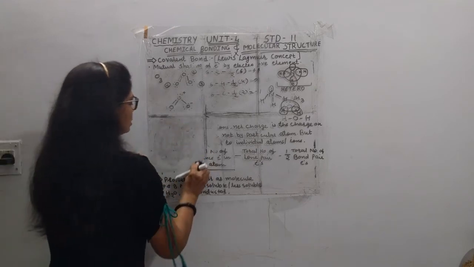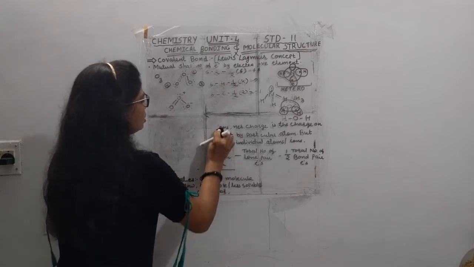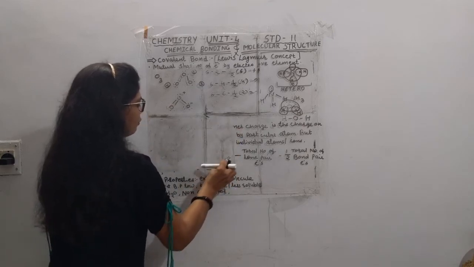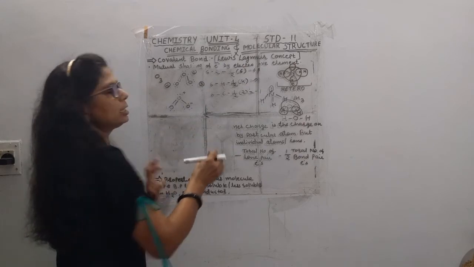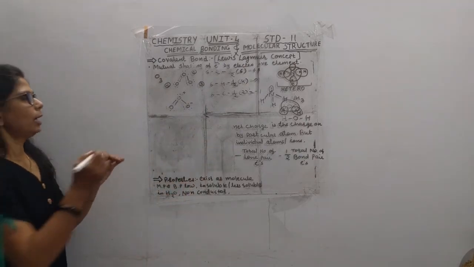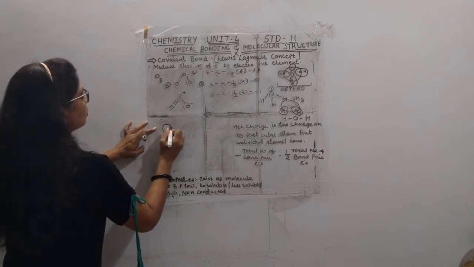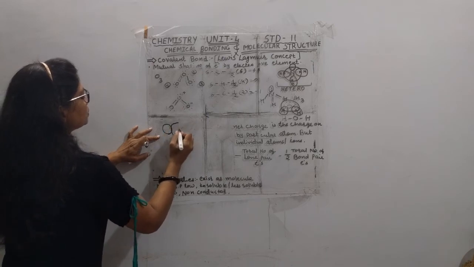So here we'll think about the bond length. Bond length means what here? As we have considered the atom as a sphere, here also we are drawing spheres for the bond length. This is our one atom and this is our another atom.